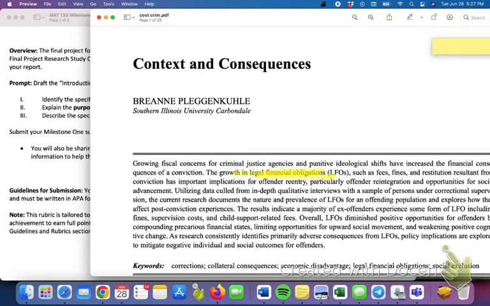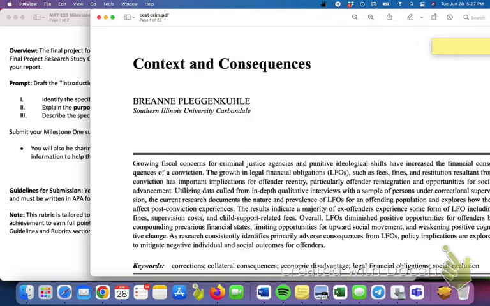There we go. Legal financial obligations. So these are like fees, fines, basically the money part of being convicted. So if you have to pay restitution, if you have to pay different fines, they lumped child support in there too, which I kind of struggle with a little bit. But basically any of the money associated with being convicted of a crime.